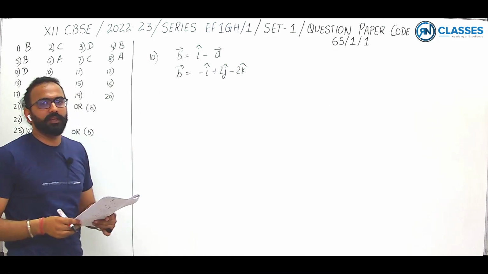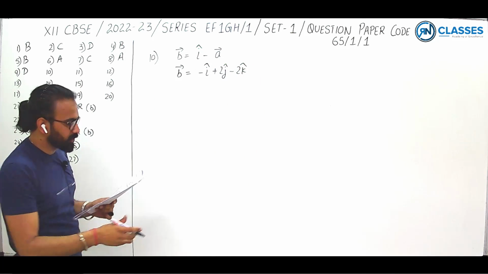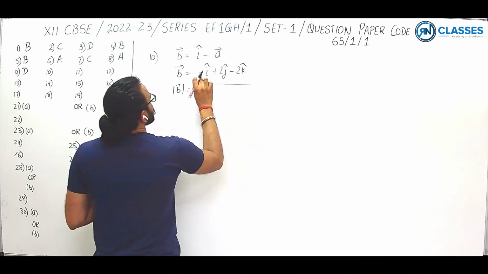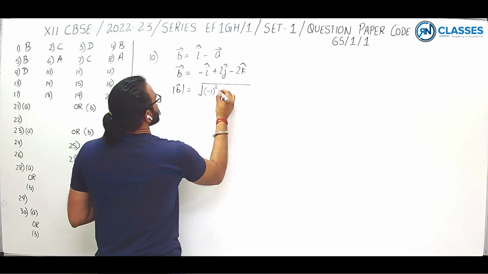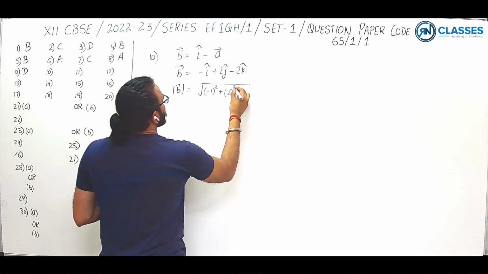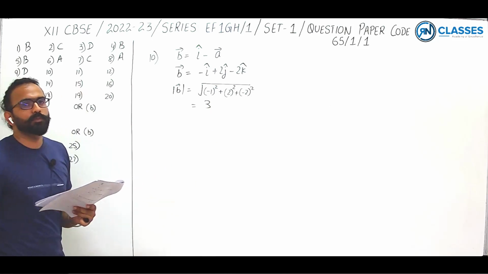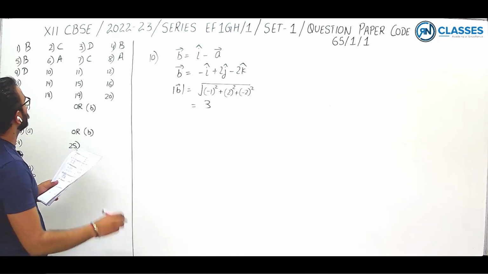Now we can easily evaluate its magnitude, which is the positive square root of (minus 1) square plus 2 square plus (minus 2) square, and the answer turns out to be 3, which matches with option B.